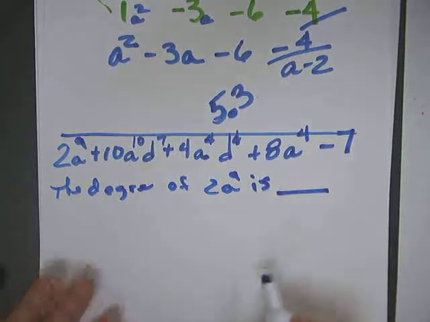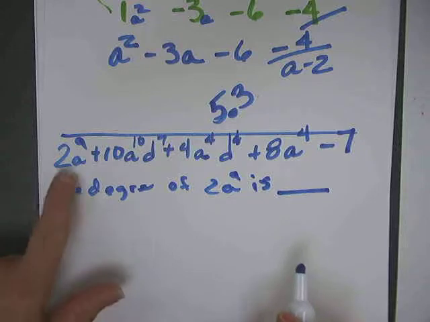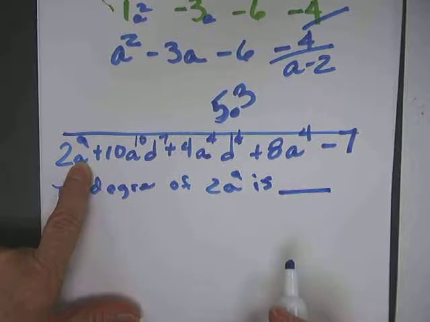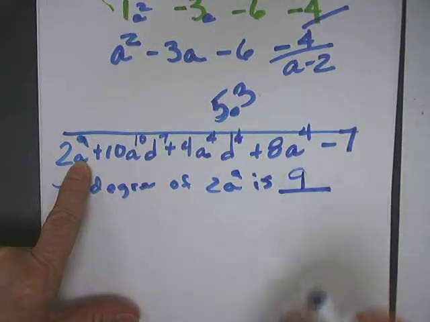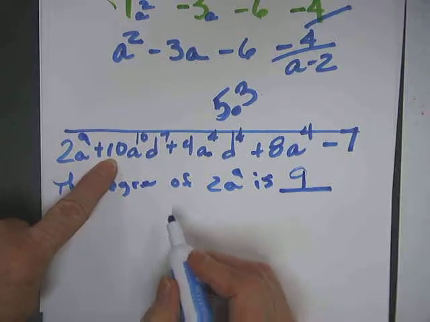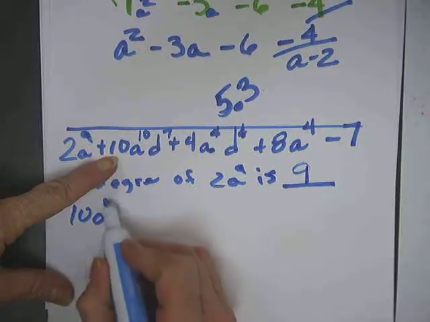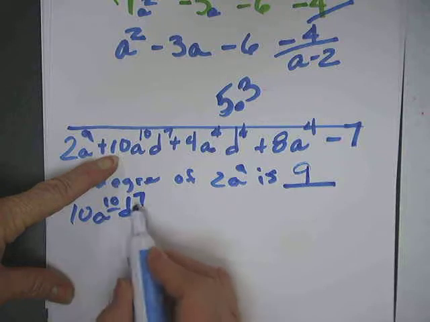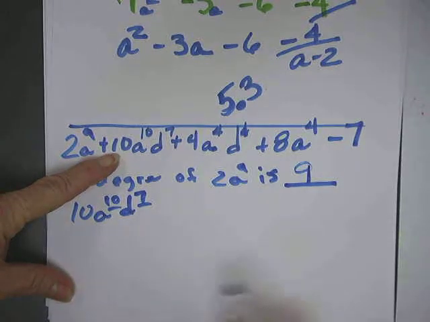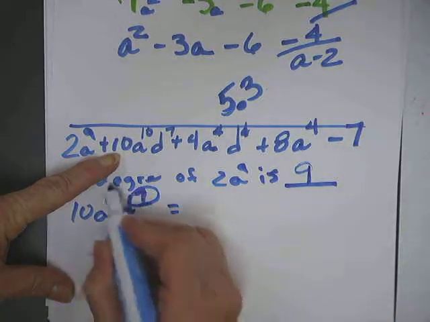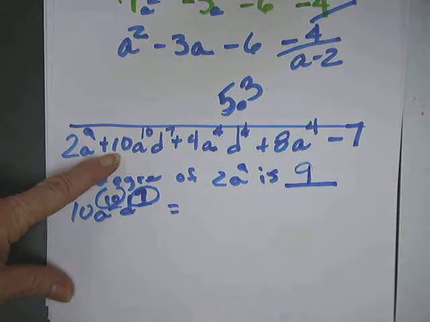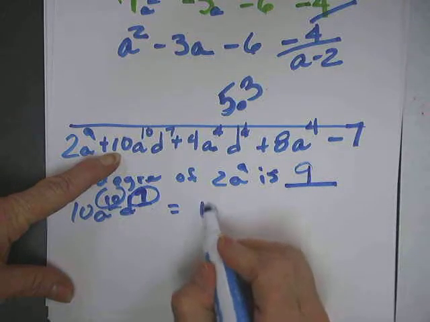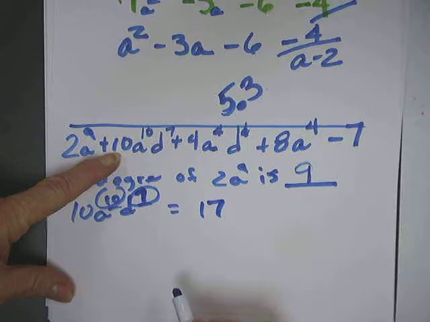So after you do it a few times, it's not so bad. Okay? And if you want to practice some more, you can go back to 5.3 and find a problem that's like that on your homework, and you can practice it. If you want to practice some more synthetic division.